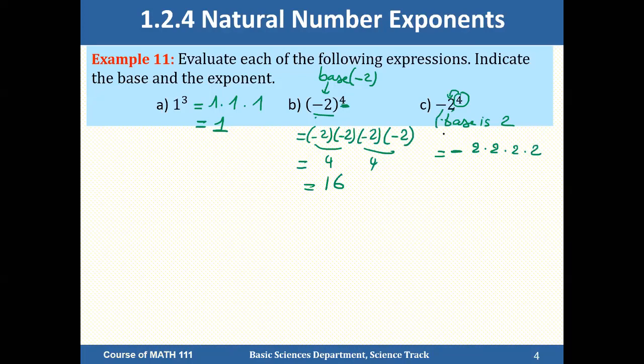It's minus هذه تنزل down, and 2 to the 4 here, 2 times 2 times 2 times 2. So this gives minus 16. So these 2 are different. Be careful with the parenthesis. لما عندك parenthesis راح you distribute the exponent على all the elements inside the parenthesis.